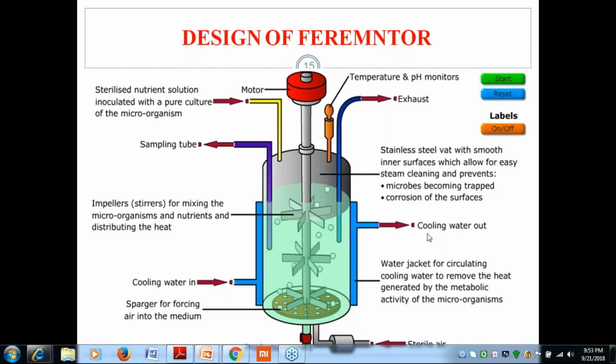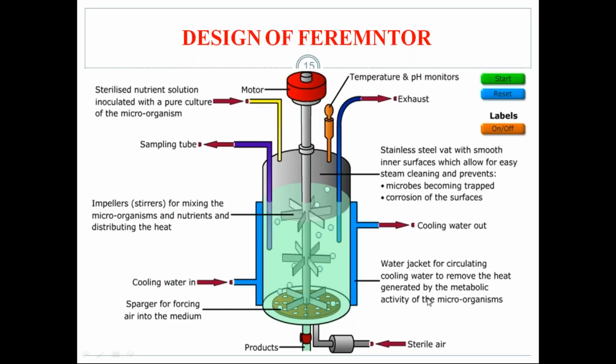Below this there is a cooling water out. Then below this is the water jacket for circulating cooling water to remove the heat generated by the metabolic activity of the microorganisms. And at the end there is a sterile air inlet and a product outlet.